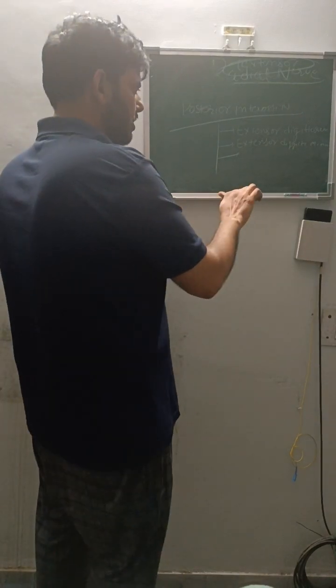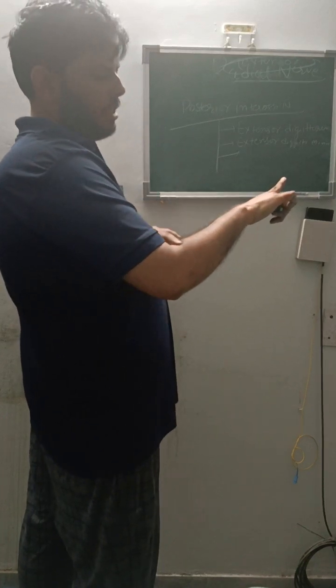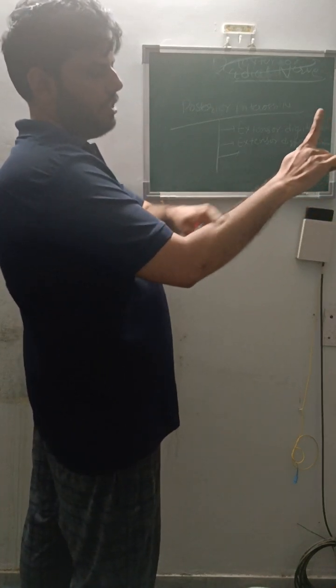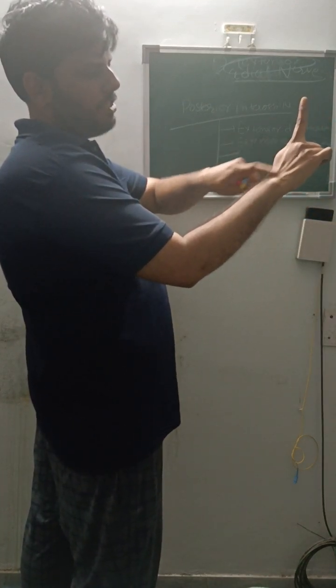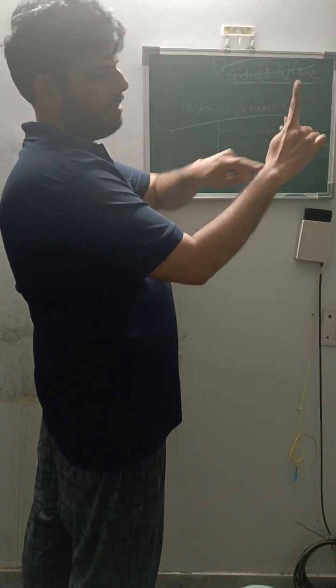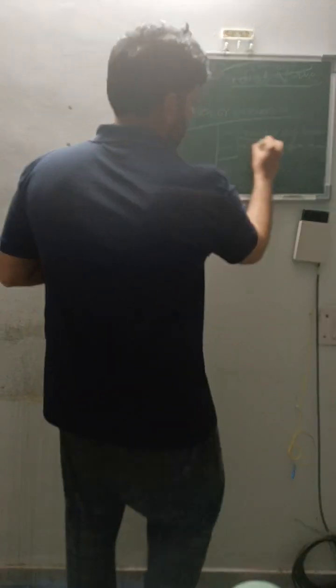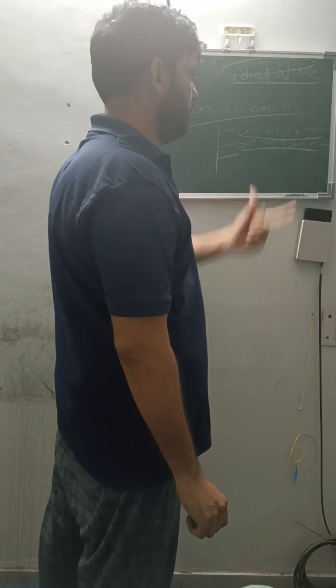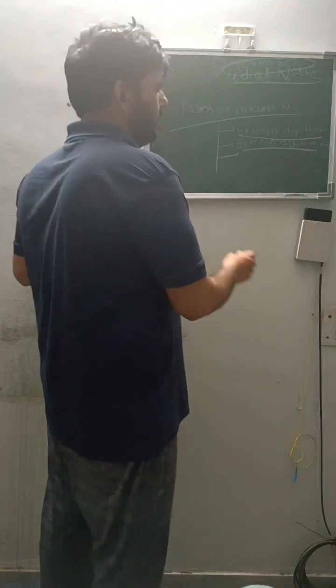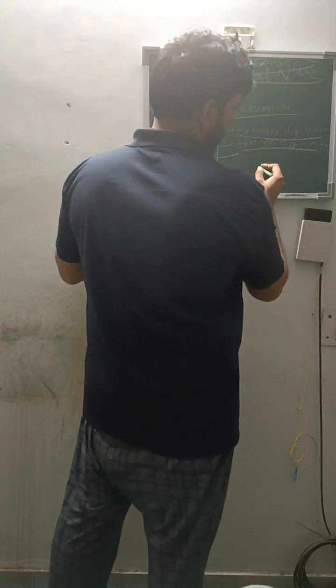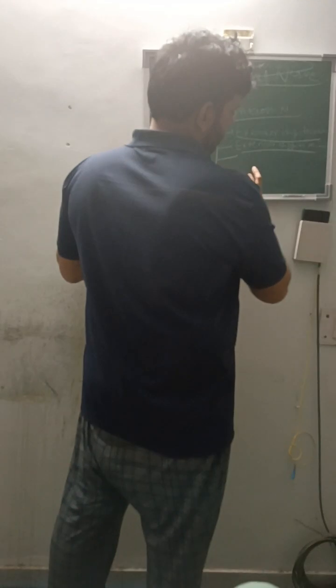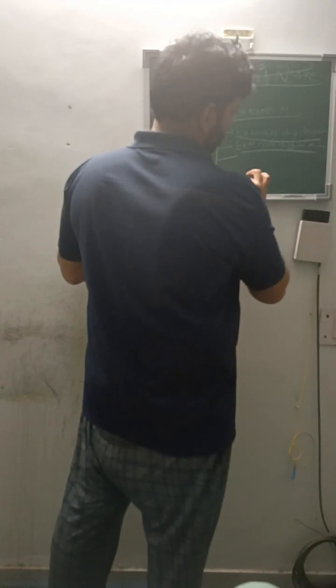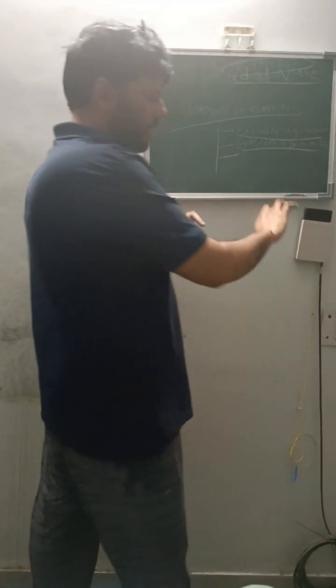Then extensor digiti minimi. Okay, extensor digitorum, extensor digiti minimi. Then these are your superficial muscles only. Extensor digitorum, extensor digiti minimi, and extensor indicis.